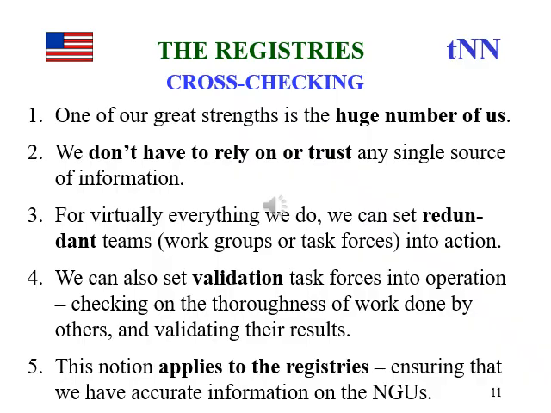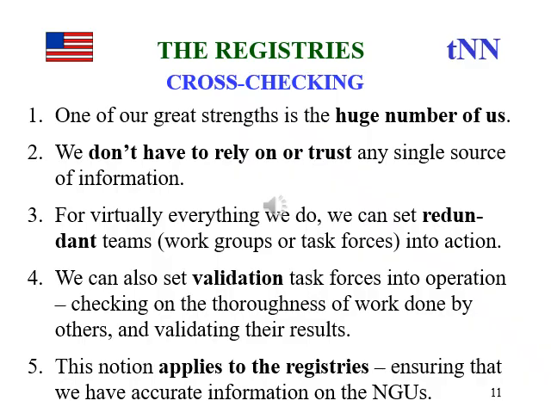Cross-checking. 1. One of our great strengths is the huge number of us. 2. We don't have to rely on or trust any single source of information. 3. For virtually everything we do, we can set redundant teams, work groups, or task forces into action. 4.